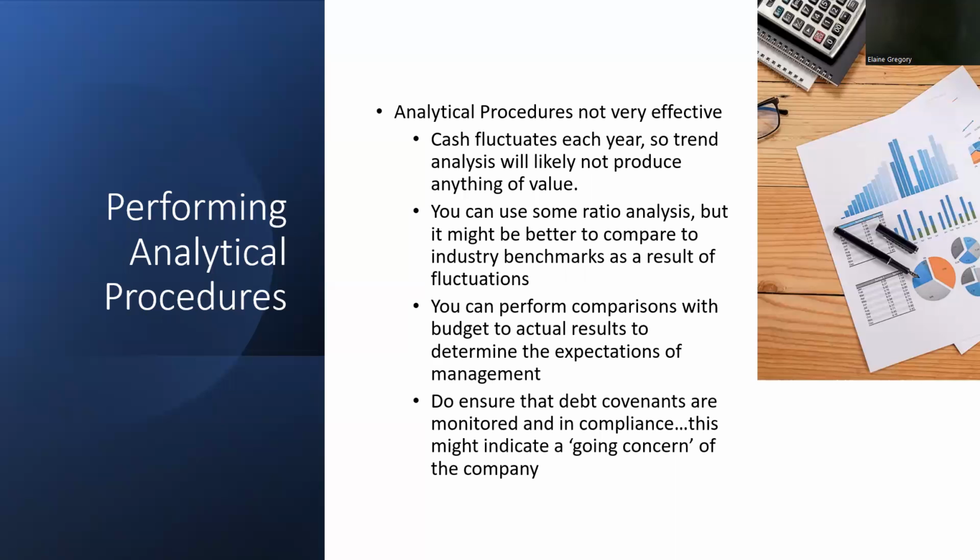So if you want to be sure that you're covering your ratios correctly, you might want to take your cash account, deduct the debt covenant obligation, and then perform your ratio analysis.